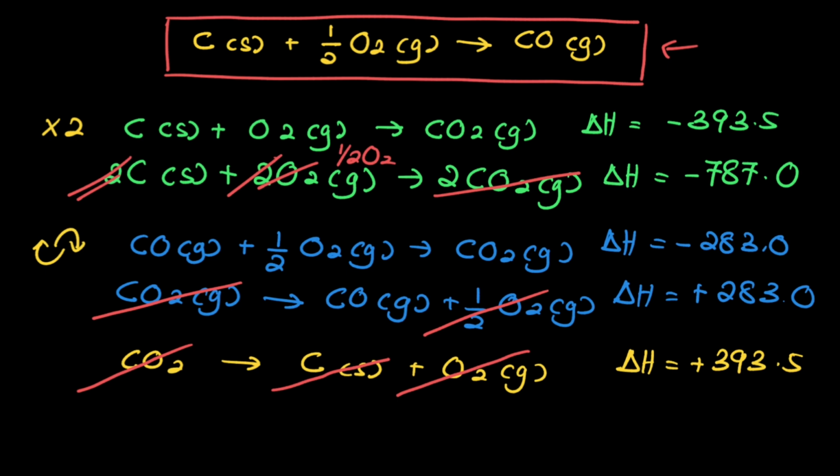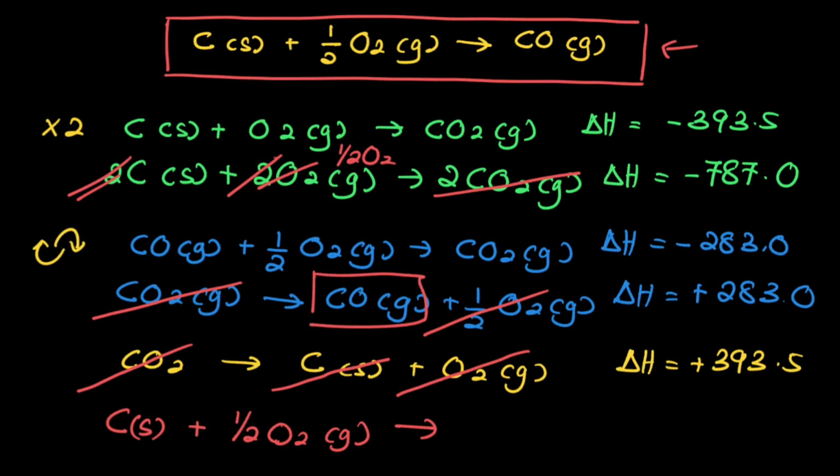So the only thing that you are left with here is carbon and then half oxygen. So there's nothing else in the reactant, and we are left with this carbon monoxide gas, which fits the target equation.